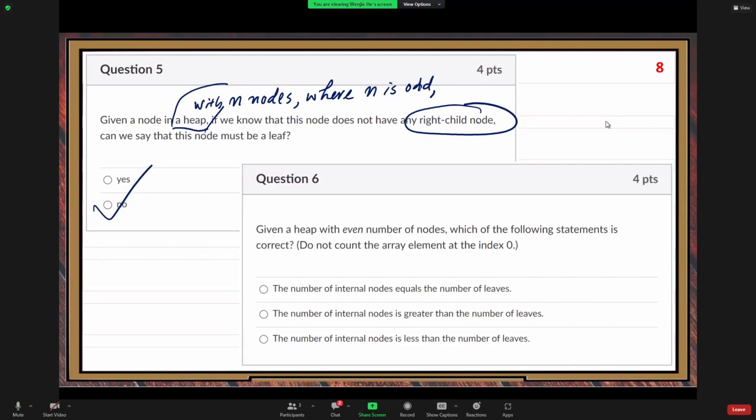Number 6. Given a heap with an even number of nodes, which of the following statements is correct? Do not count the array element at index 0. First option, the number of internal nodes equals the number of leaves.